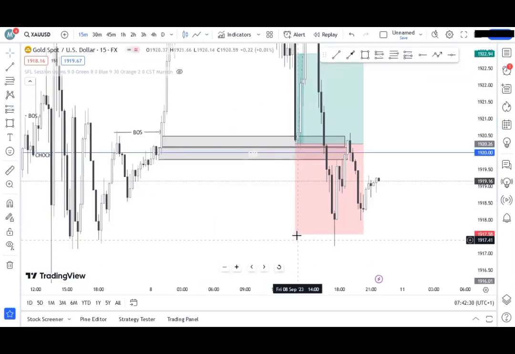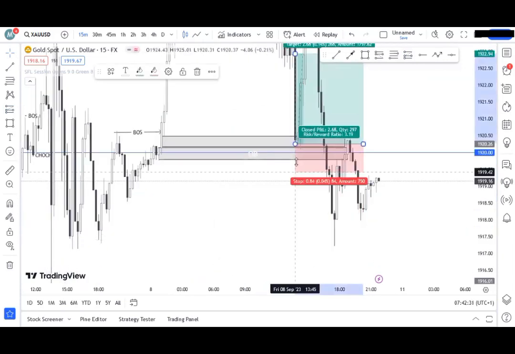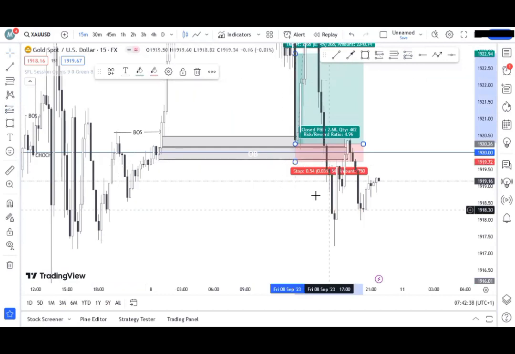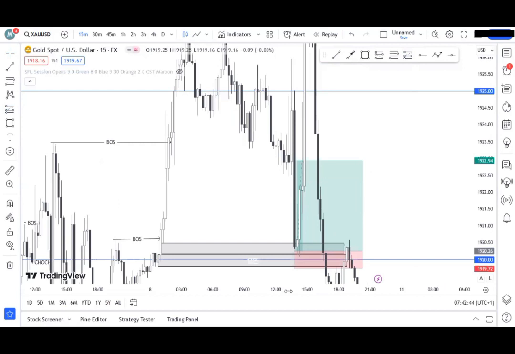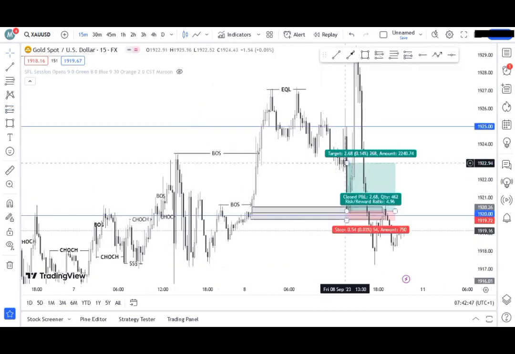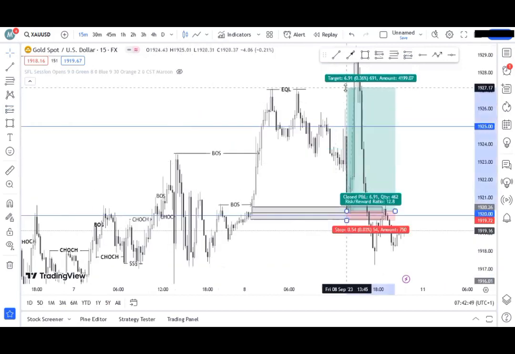Then our stops just a few pips below. And this is gold, and gold is very volatile. Imagine getting a 50 pip stop loss on gold. And your target will now be the equal highs that is here. The equal levels here.